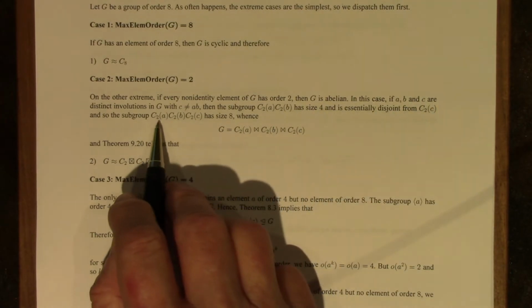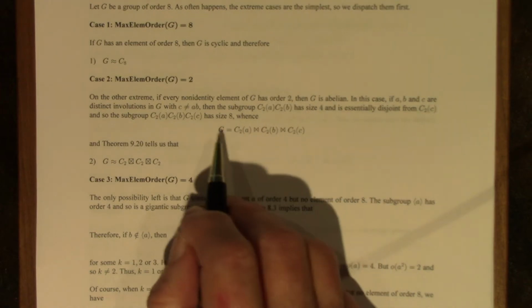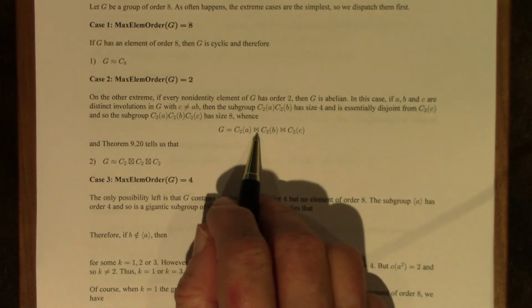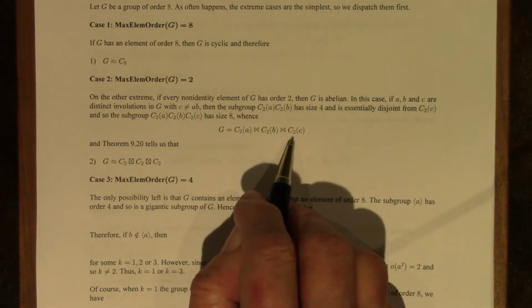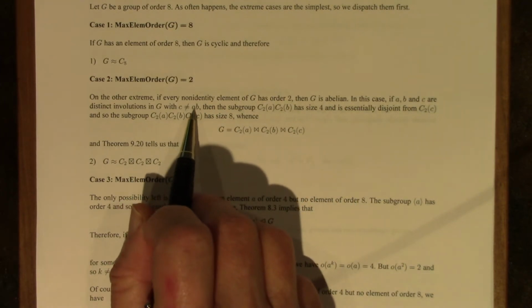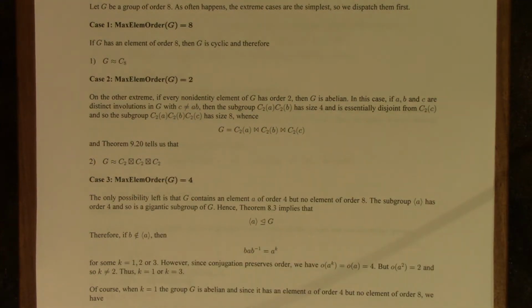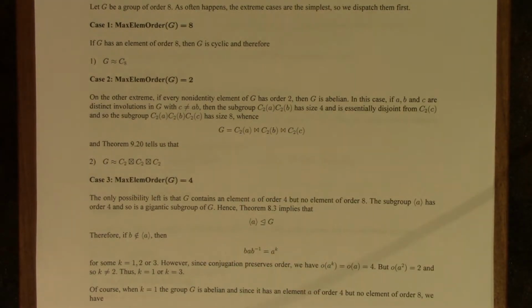And so this subgroup has size 8, 2 times 2 times 2. And therefore it is the entire group. Everything's abelian. These 3 subgroups are strongly essentially disjoint. That was the purpose of this condition, C is not equal to AB, which implies that A is not equal to BC and B is not equal to AC, and that's where you get strong essential disjointness.